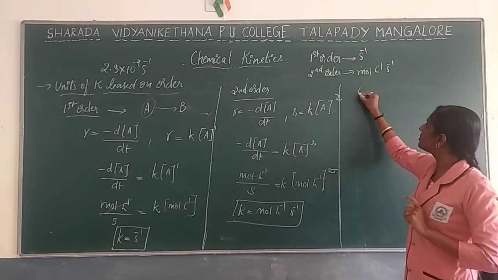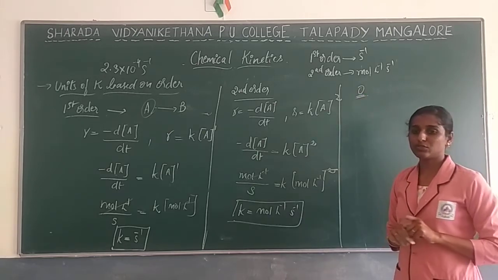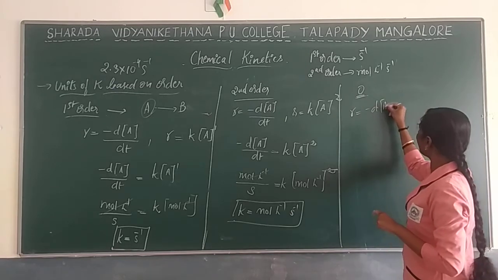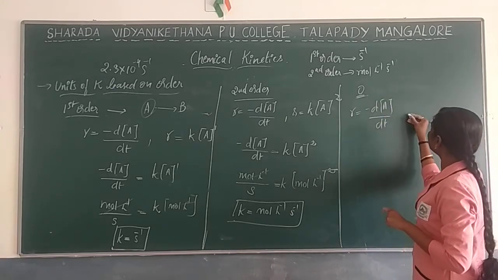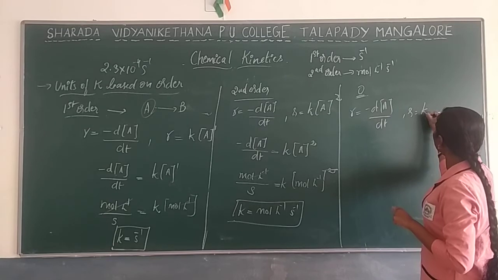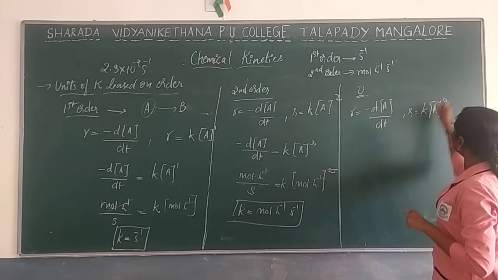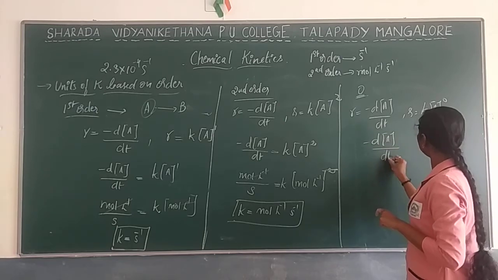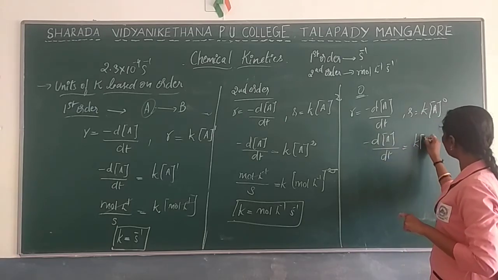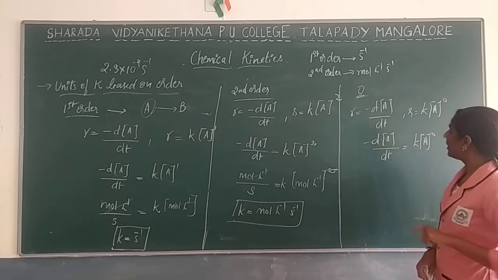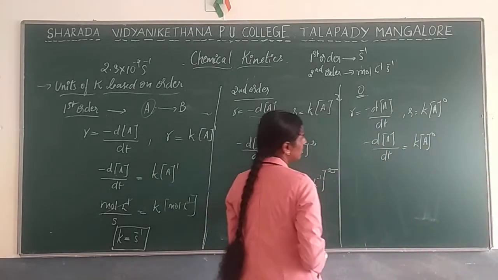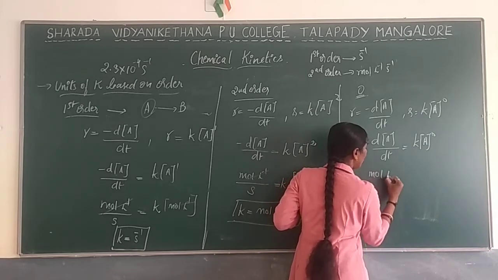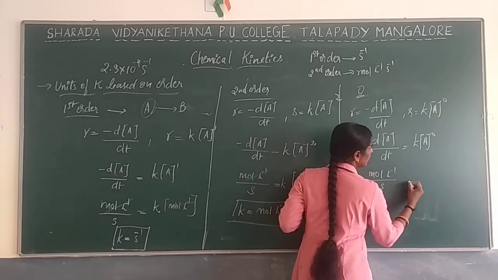Now when you consider a zero order reaction, what will be the unit? Just write R is equal to minus of dA by dt. Again R is equal to K into A to the power 0. So minus of dA by dt is equal to K into A to the power 0, which is nothing but 0. So you can write it as the concentration, mole per liter, by second.